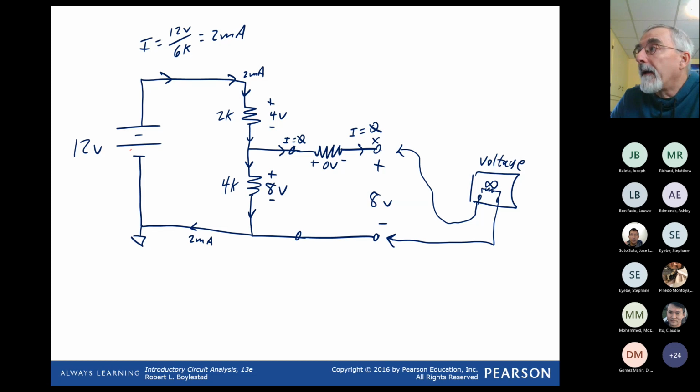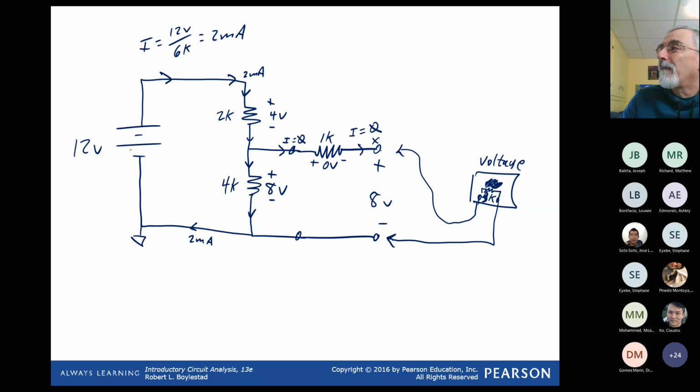Now, if you buy a cheap meter, and so that I can do the math in my head, I'm going to pretend it's a multimeter that has a resistance of 3K and this is a 1K resistor.